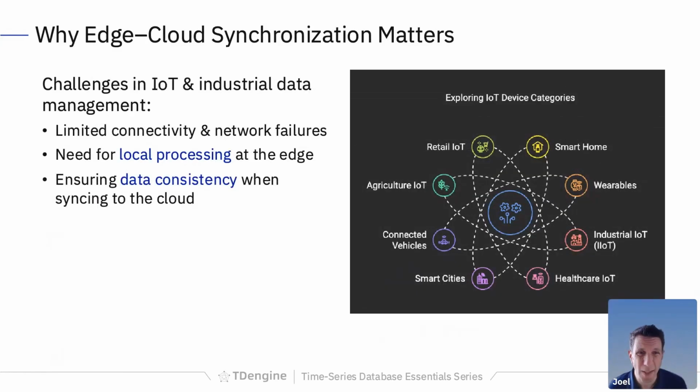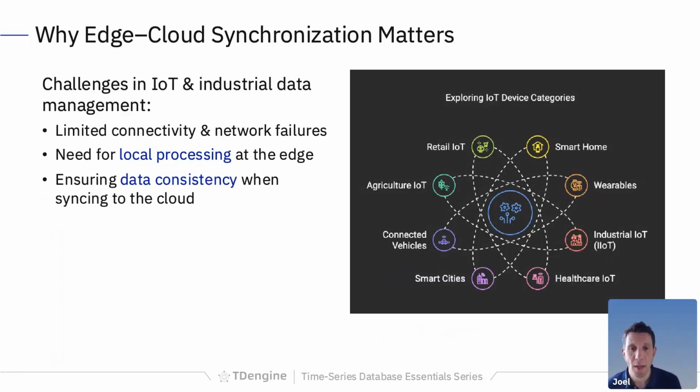So why does edge cloud synchronization matter? Well, there are challenges in IoT and industrial data management. There are so many new devices being created in the Internet of Things throughout the home and throughout industries. This is creating a lot of data that is sometimes subject to limited connectivity and network failures.